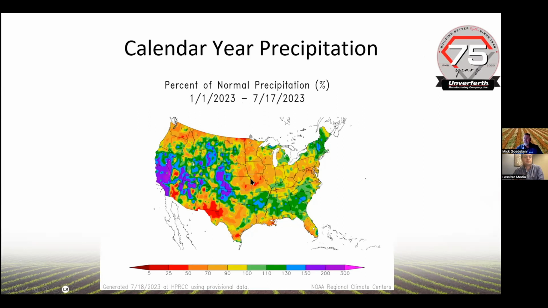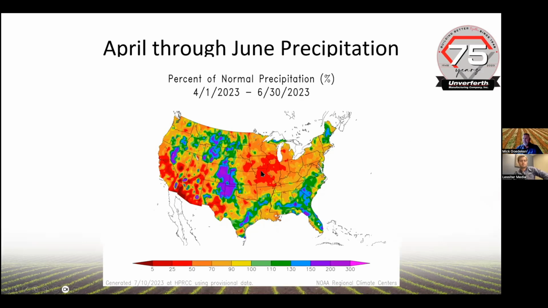If we look at the calendar year, once January hit, we didn't see a lot of improvement in the eastern part of the Corn Belt, and that's where I would say that after January 1, we started going backwards in those areas. That's where you saw western Kansas and western Nebraska improve, where eastern Nebraska, eastern Kansas, and eastern South Dakota didn't improve so much.